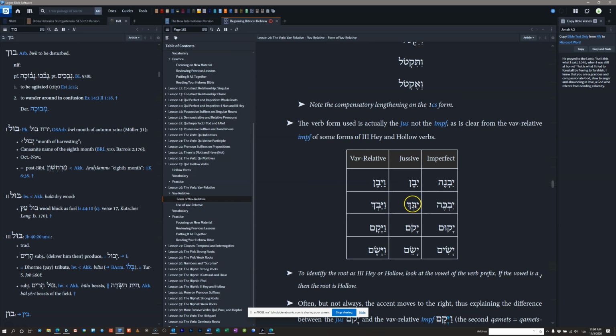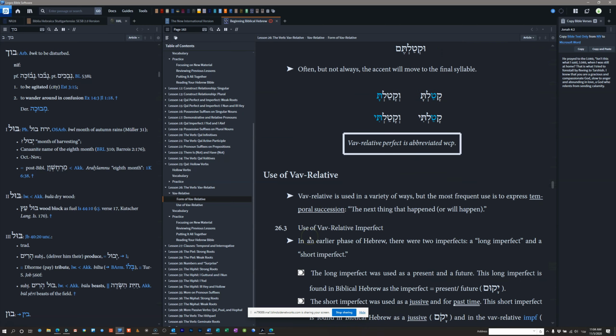So does that happen in baka, where the segel jumps back a letter? No, it doesn't. You get this weird yev form, okay? So the irregularity here is with baka. Baka's jussive form is just different than what we expect in a lot of other third hay verbs. But this is the form that we see, so this is the form that we get. Baka is just a little bit weird with its vowels in the jussive form.